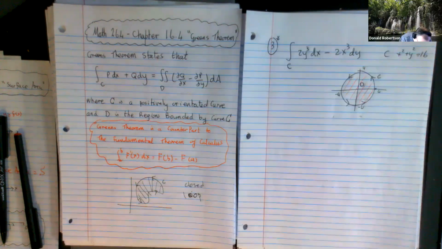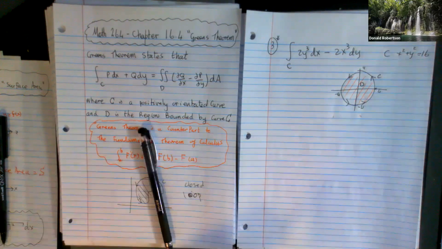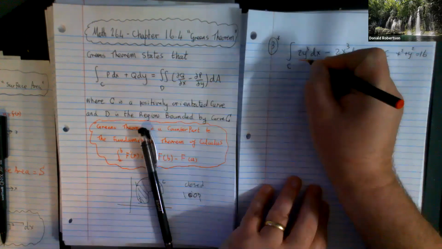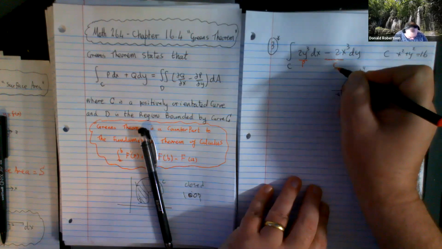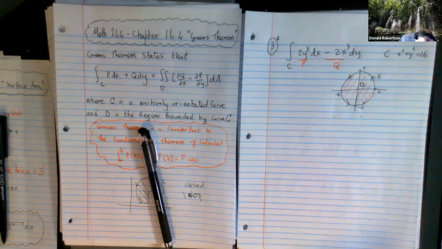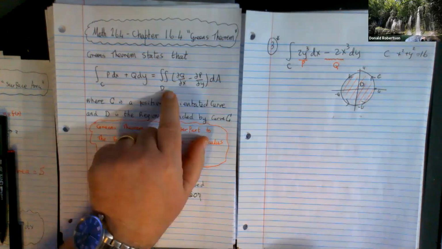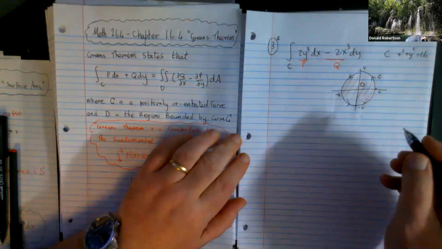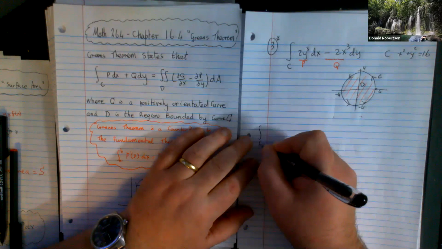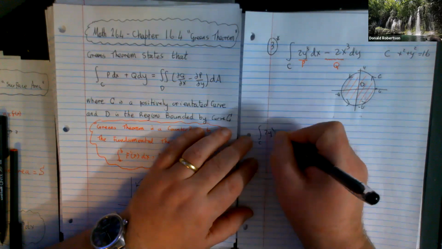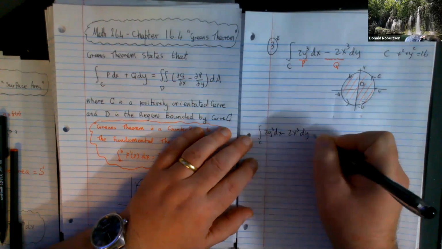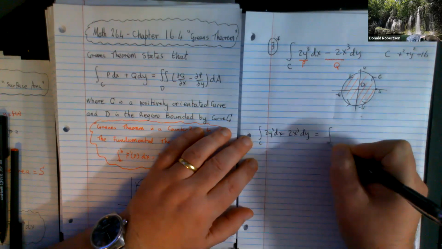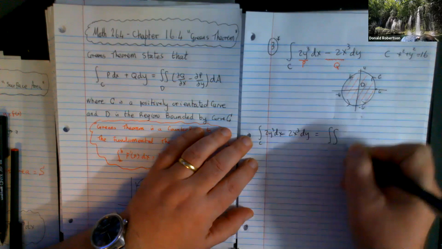Now in this question, this guy is P, including the negative. This guy is Q. This line integral, 2y cubed dx, take away 2x cubed dy, can be written as a double integral over the region D, dQ by dx.